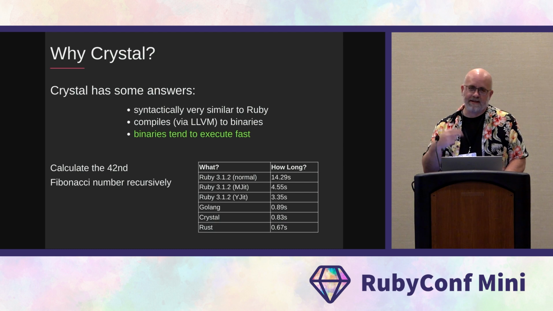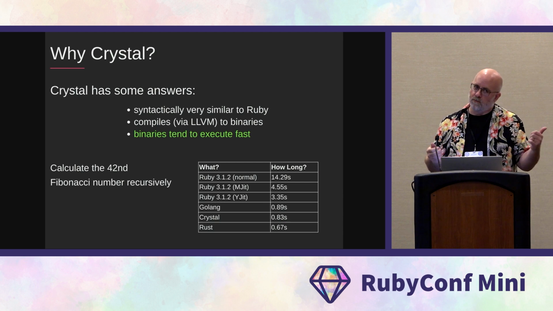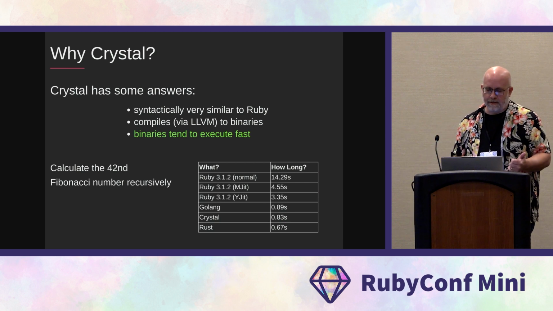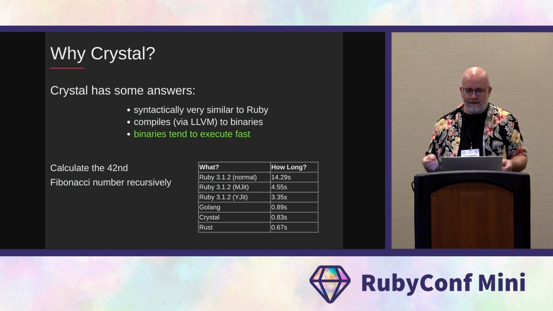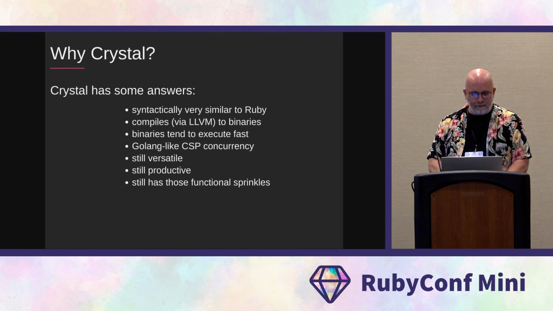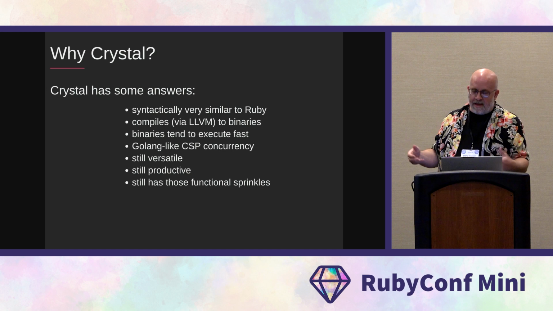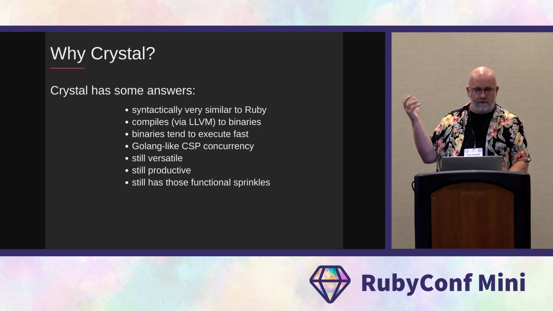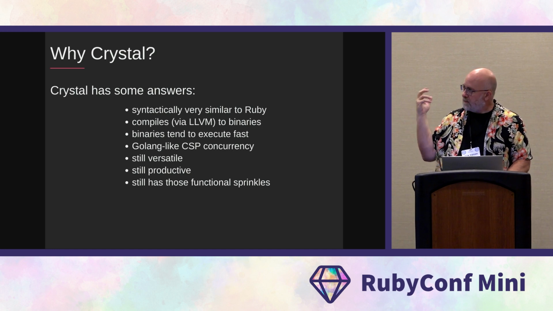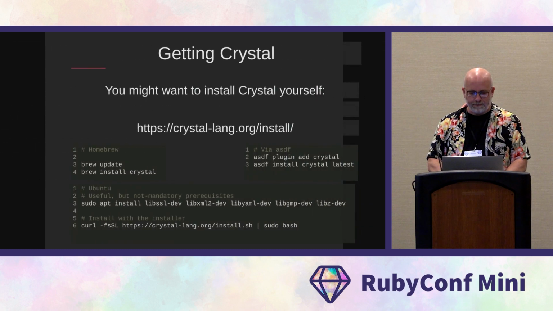This was simply calculating the 40th Fibonacci number, because if I go bigger than that on my laptop, Ruby's really, really slow. And if I go smaller, everything happens too fast. So that's the reason for that number. So Crystal has some answers to these things while still remaining a versatile, productive language with a lot of the same syntax as Ruby.